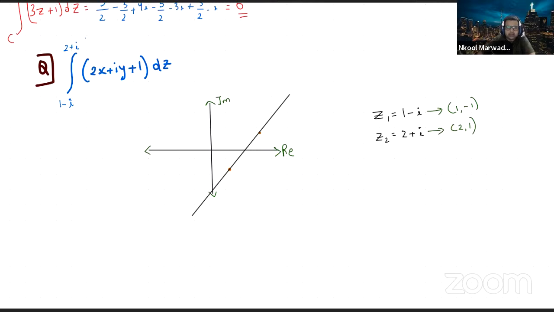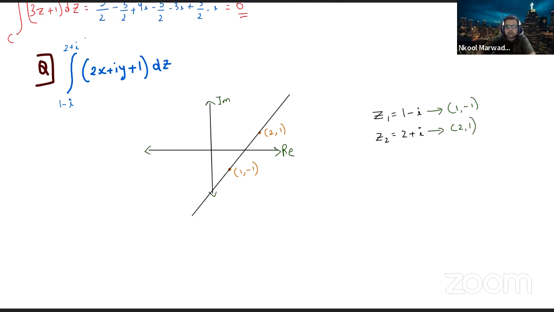Let me write those points here. This is 2 comma 1, and this is 1 comma minus 1. Now this is the contour. Because a contour is an arc, this straight line can be an arc, and we have to do the line integral of this line for this function.